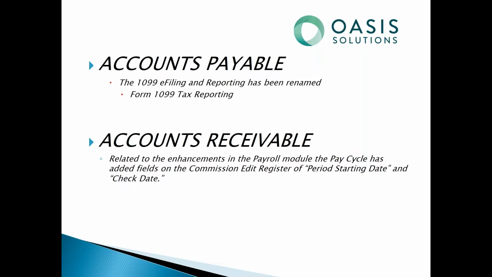In the Accounts Payable module, the only thing that's been changed is that the 1099 e-filing and reporting has been renamed, and it is now called Form 1099 tax reporting.